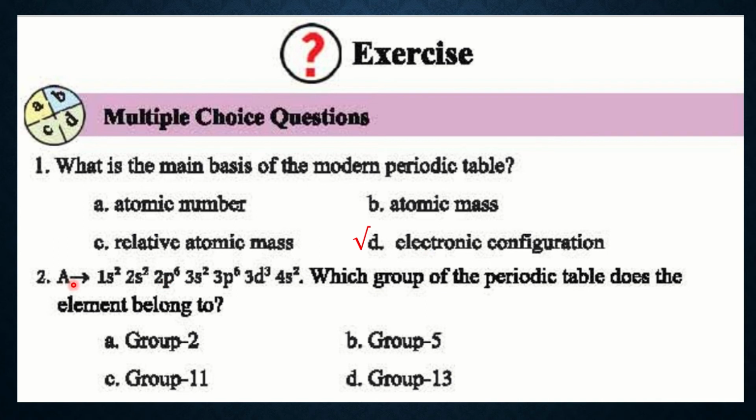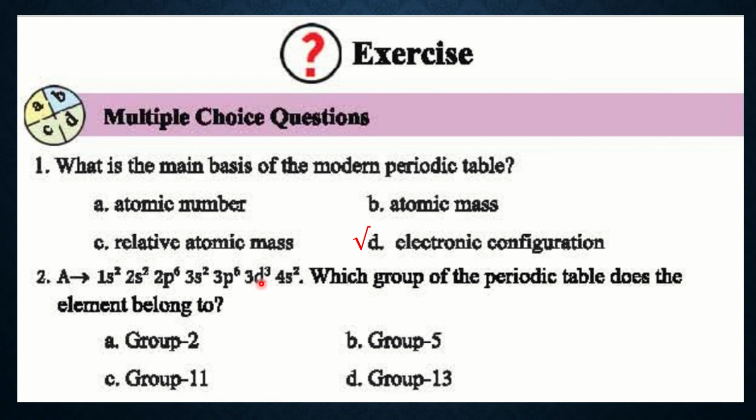Number 2 MCQ. A is an element, its electronic configuration is 1s2, 2s2, 2p6, 3s2, 3p6, 3d3, 4s2. Which group of the periodic table does the element belong to? Dear students, this element is a d block element because the last electron goes to the 3d orbital, isn't it?